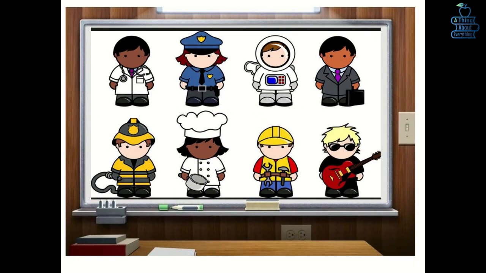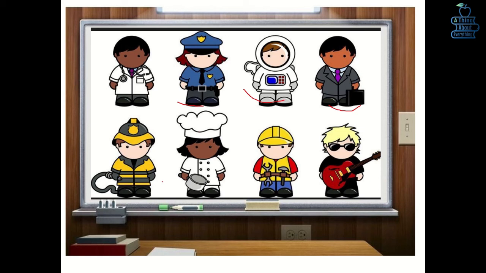Now let's have a paragraph, but before we have the paragraph to deal with, look at these characters. As you can see, we have here 8 characters. Each one of them has a different job. So the first one is a doctor, the second one is a policeman, astronaut or spaceman, maybe a teacher or a lawyer.